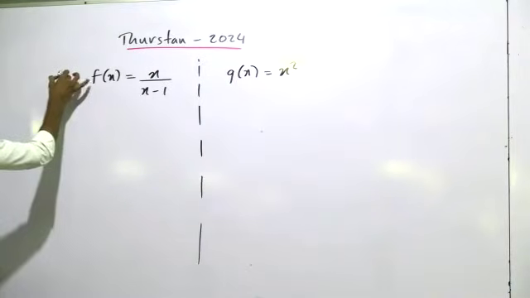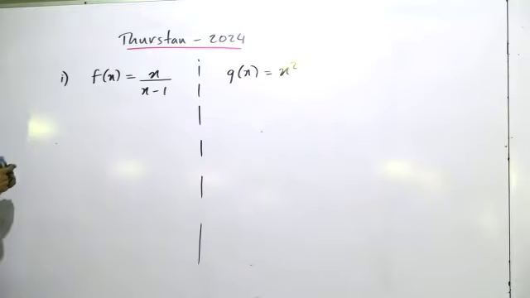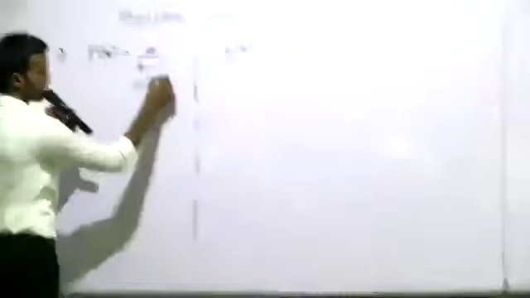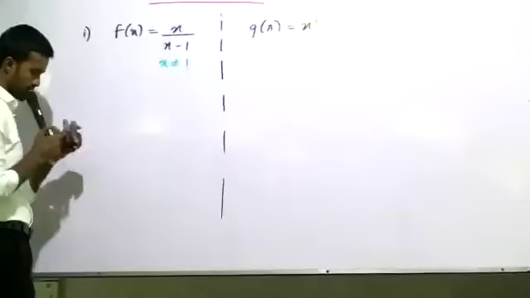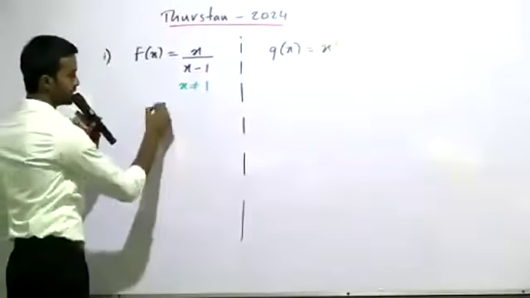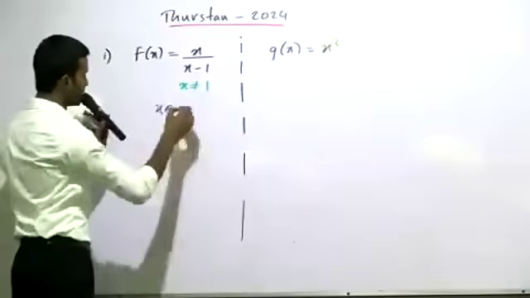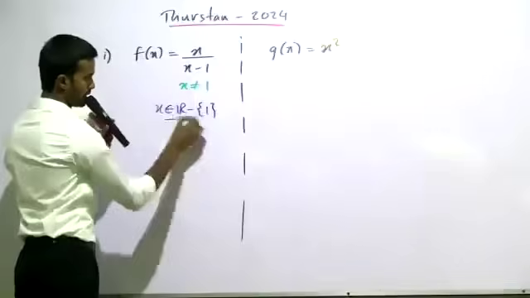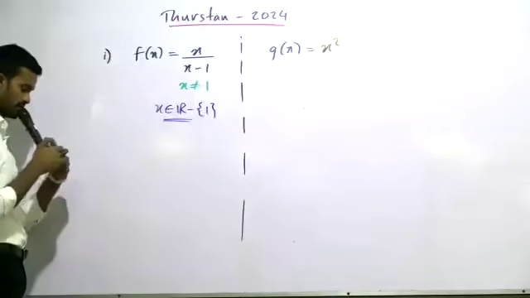So I'll write the domain and the range here itself. For the domain, they have even given that x is not equal to 1. So x can be any real number except 1.